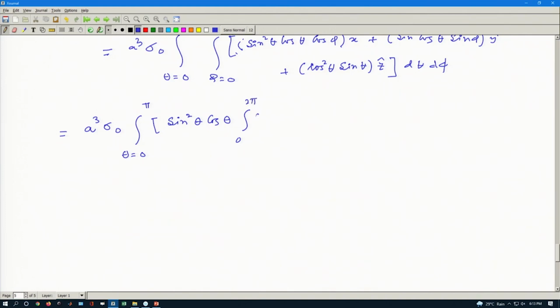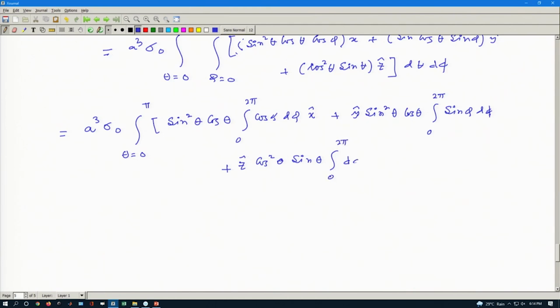So it should be cos phi d phi unit vector x plus sin phi d phi unit vector y, integration 0 to 2 pi, and finally z unit vector cos square theta sin theta integration 0 to 2 pi d phi.